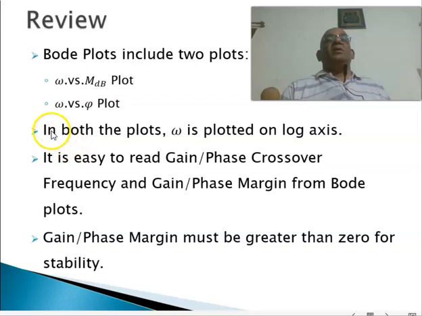We need to remember that the same omega is plotted on the log axis and is common to both the M dB and phi plots. We saw that it's very easy to read crossover frequencies and gain and phase margins and very easily infer about stability by noting that these must be greater than 0 for stability.